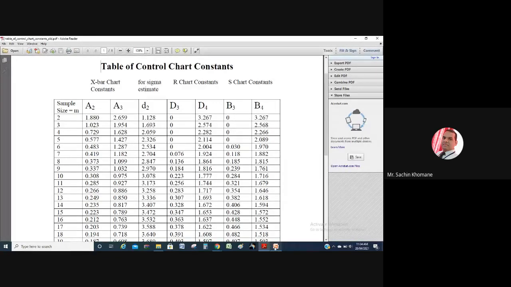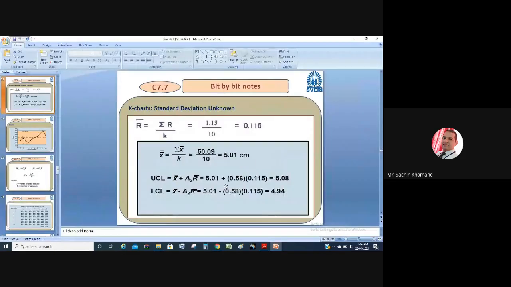Let us see now what value I have taken here. 0.58, round figure. 0.577, instead of that I have taken 0.58. So getting how to find the value from this chart? Getting. So now just make the calculation.